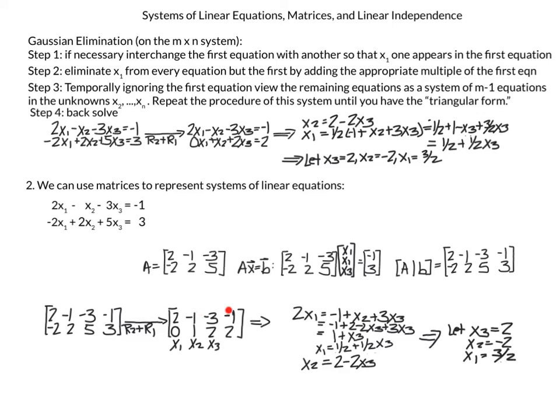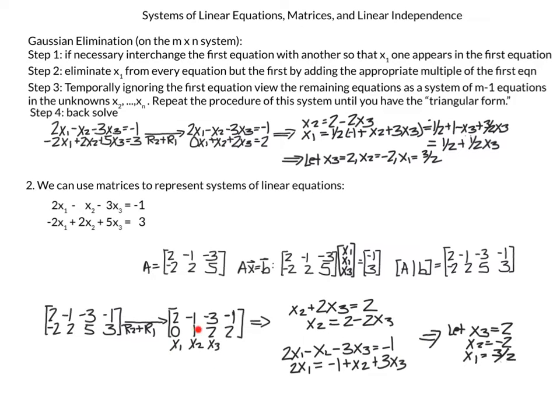I could ignore the first equation, repeat the procedure, but here there's no other row to work with. So I'm done. And when I do my back solving, I do often write my variables. The first column is for x1, the second column is for x2, the third column is for x3, so I can go on with my back solving. And here I start with my back solving.